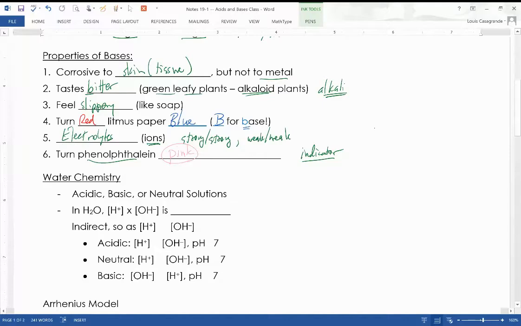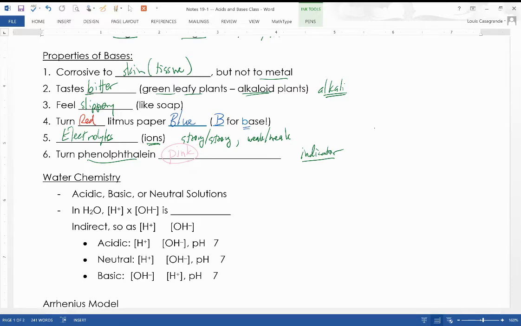It's actually a magenta color, and it's kind of pretty to see. The bad thing is that the stronger the magenta color, the worse your experiment is, and I'll talk about that when we introduce the experiment next in a couple of lessons from now. So these are some typical properties of acids and bases.